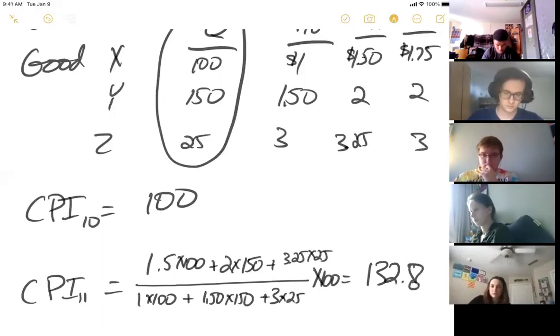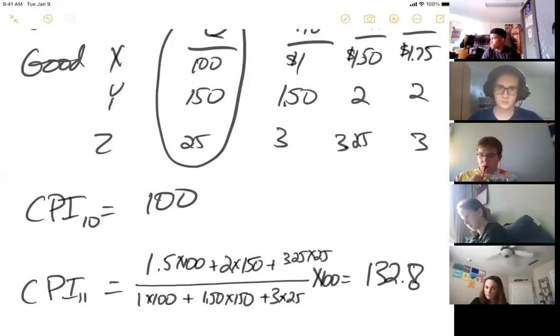I actually got 132.8 when I did this. Did anybody else get that number? Let me break out my calculator here. I think you have a 3.2.